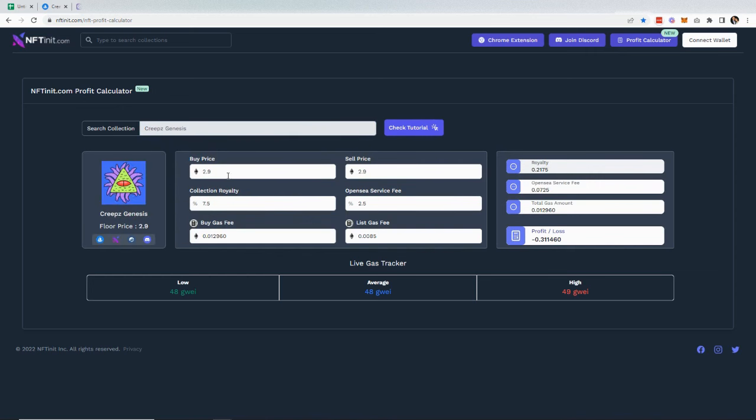So if our bid was, let's say, 2.1, we would have a profit of 0.48 ETH. So that's a pretty healthy profit. And there's even room in here for the floor price to go down a little bit. We could also bid 2.2, which would still be in a very healthy spot.